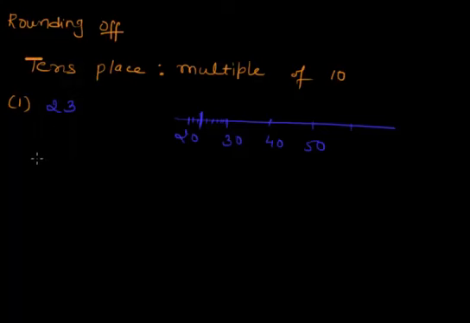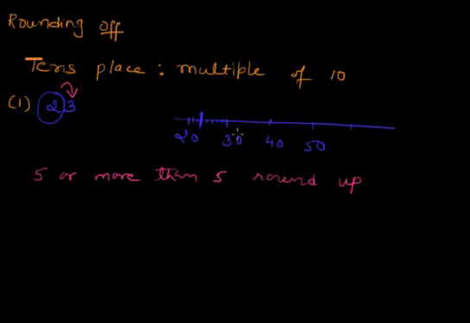The process for doing that is, as soon as we want to round, say the tens place, we check the immediate next number. The process is the same for all numbers. If the immediate next number is 5 or more than 5, then we round up. It means we go to the next number.